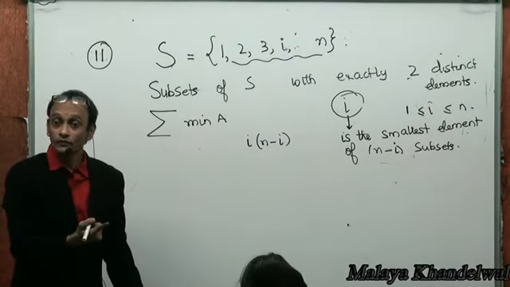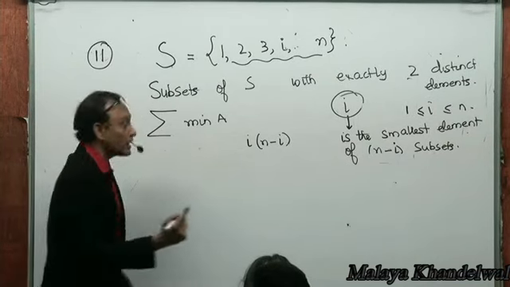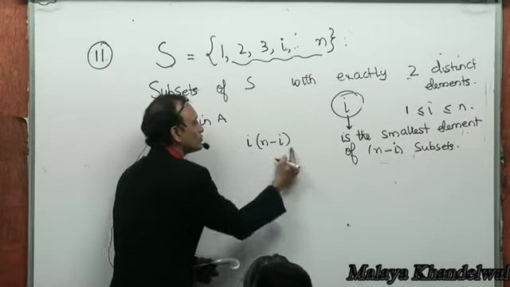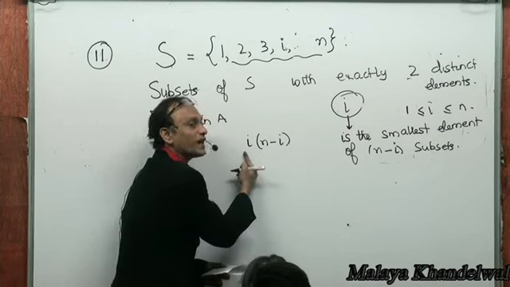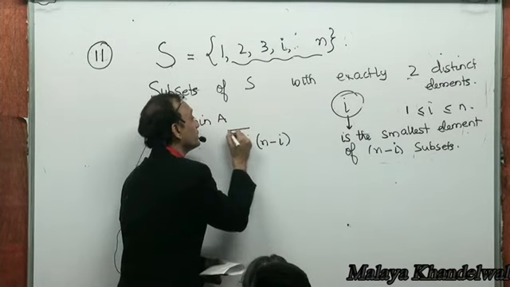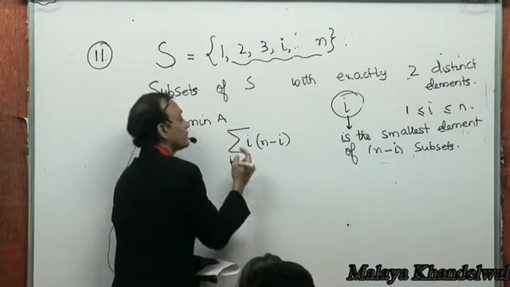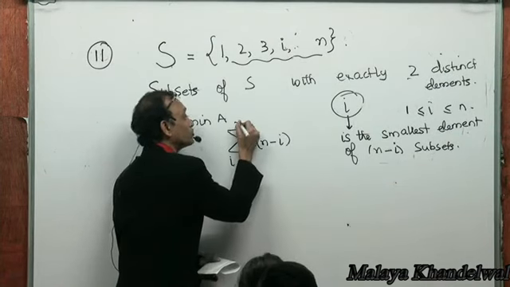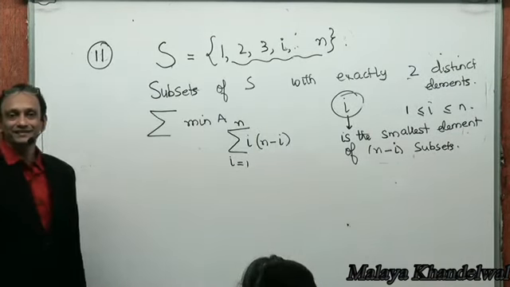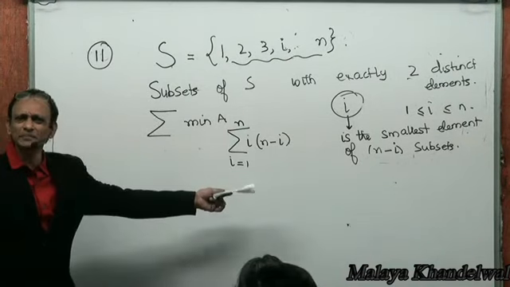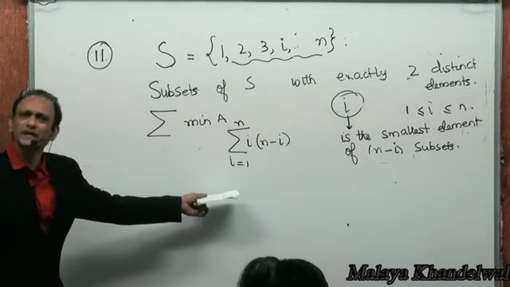This is the sum of all subsets with i as the smallest element. But there could be subsets with i equal to 1, i equal to 2, or i equal to n. This is the sum that we are seeking here.